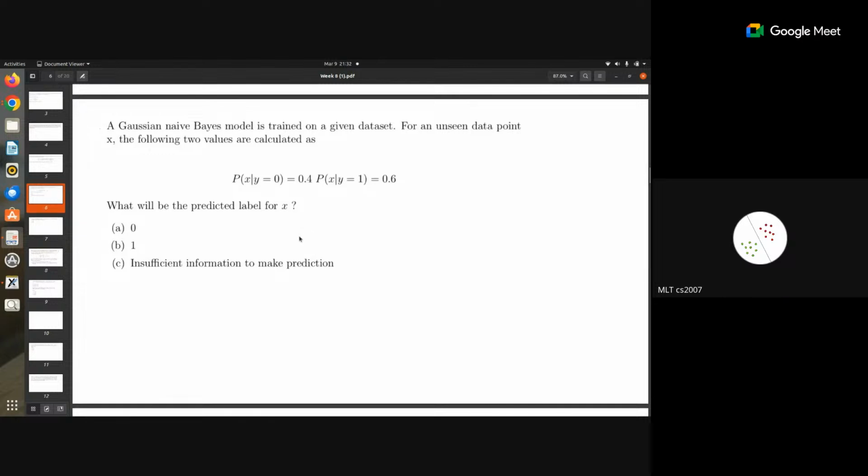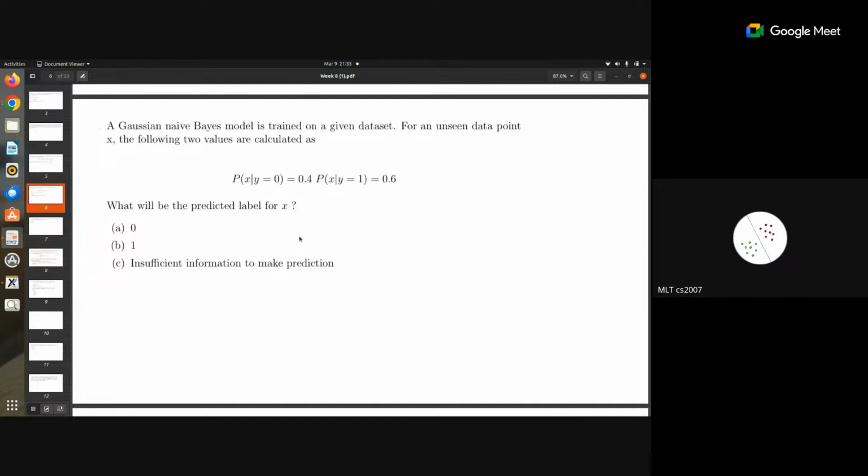A Gaussian naive Bayes model is trained on a given data set. For an unseen data point x, the following two values are calculated: probability of x given y equals 0 is 0.4, and probability of x given y equals 1 is 0.6. What will be the predicted label for x?